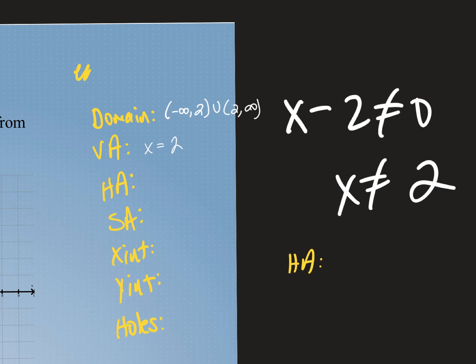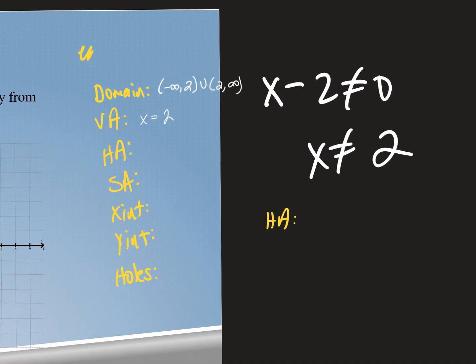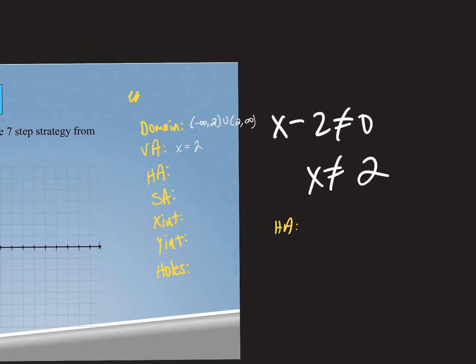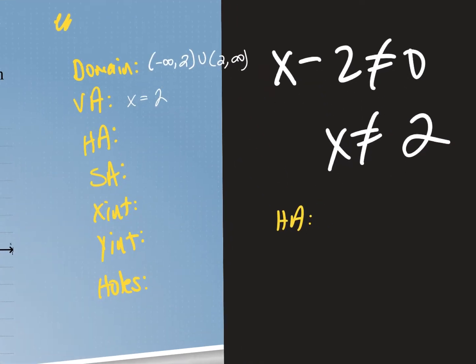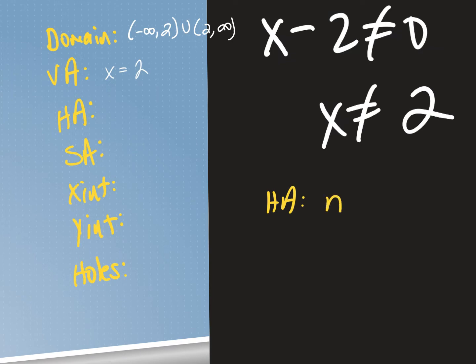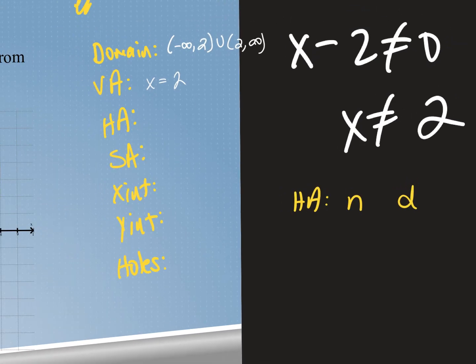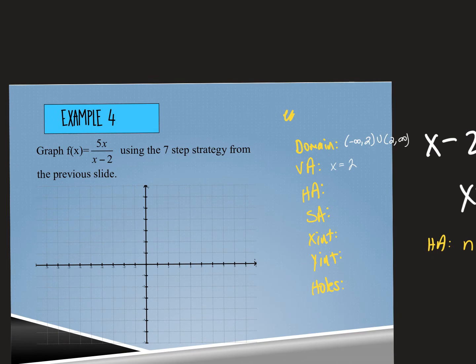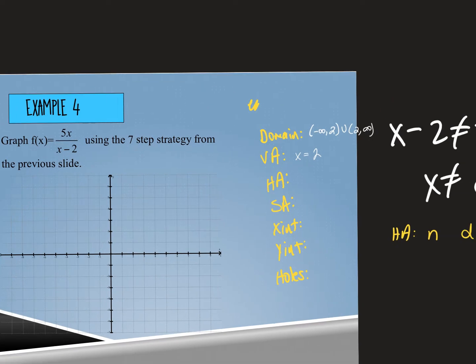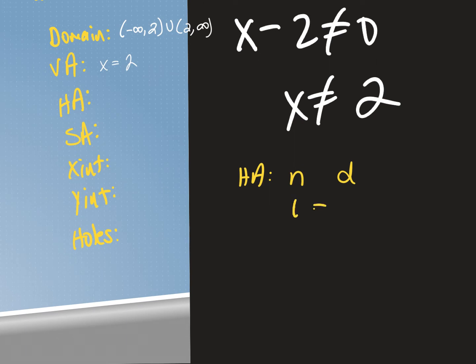Well, look at your cheat sheet. Remind me again, how do you find the horizontal asymptote? We compare the degree of the numerator to the degree of the denominator. So look at your function. What is the degree of the numerator? 1. What's the degree of the denominator? 1 equals 1.